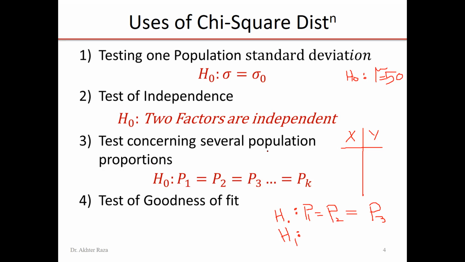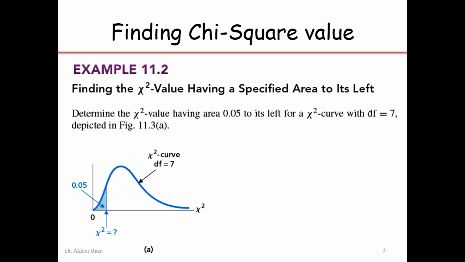In this video, I will consider only the first application, which is sigma equal to sigma naught. Before starting this first application, I introduce the details of this chi-square test for one standard deviation.